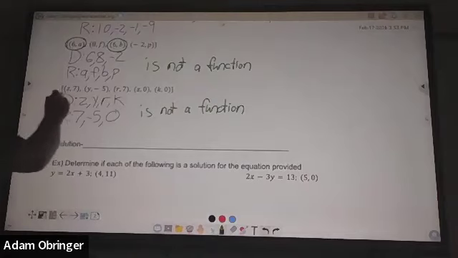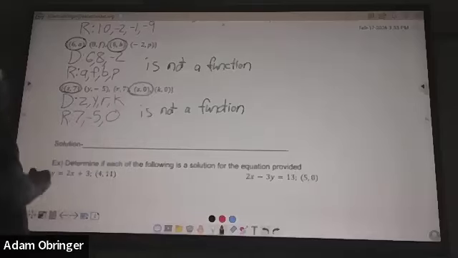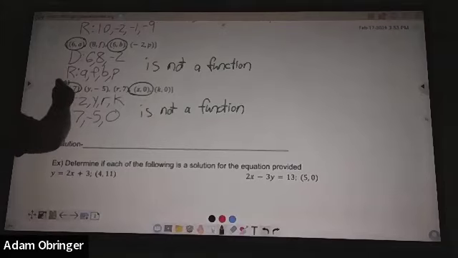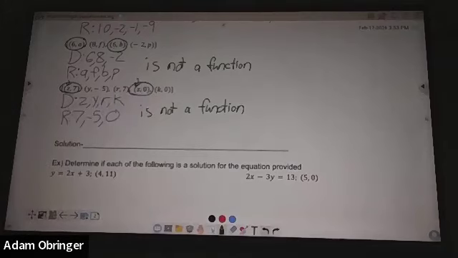Well, to zoom in, we have Z of 7 and Z of 0. This is actually the only coordinate that causes a problem because the Z is repeated. Z here, Z there. Z of 7 and Z of 0 would result in not a function because I can't tell if Z should go to 7 or Z should go to 0.